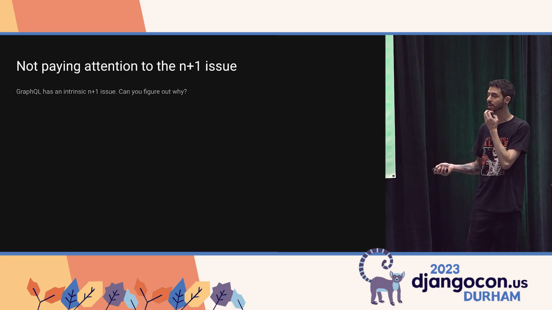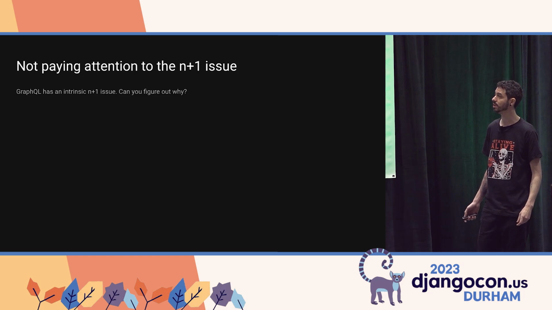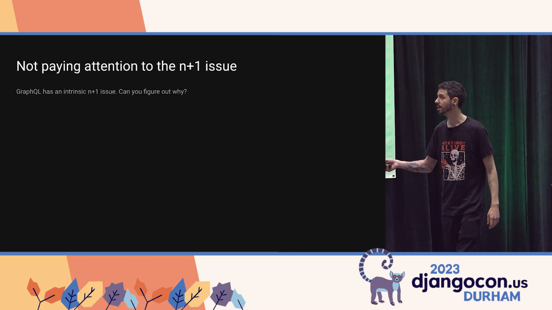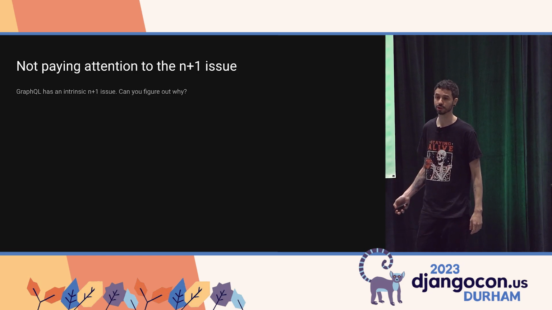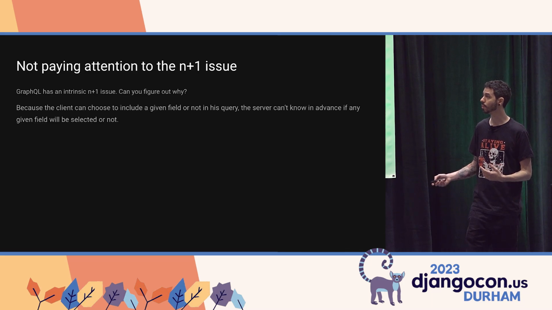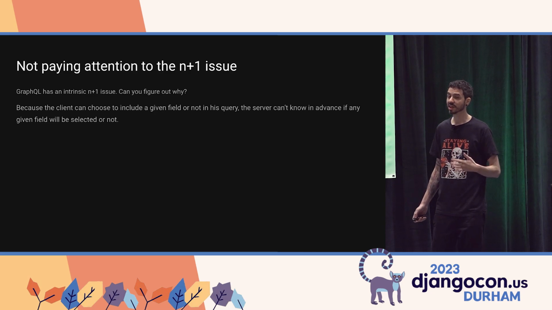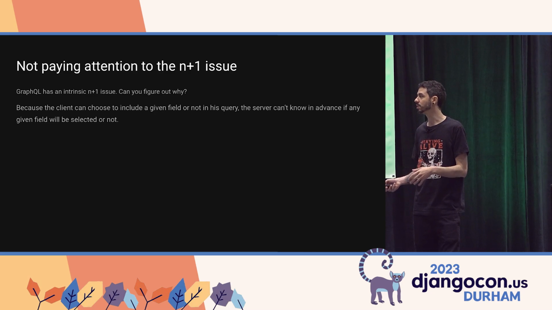And the major one that I see is not paying attention to the N+1 issue. So GraphQL has an intrinsic N+1 issue. Don't know if you can figure out why, but that happens because the client can choose whether he wants to include a field or not.